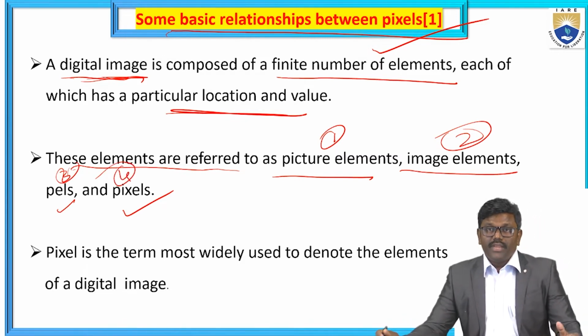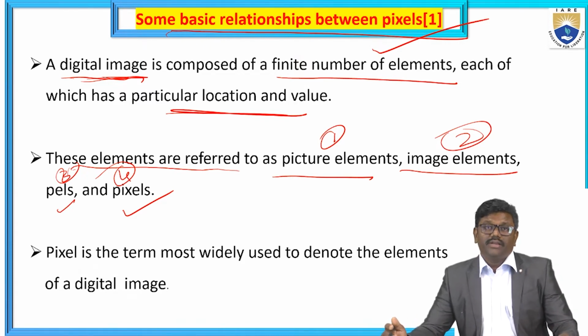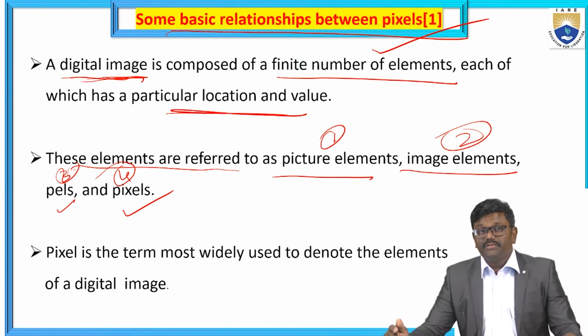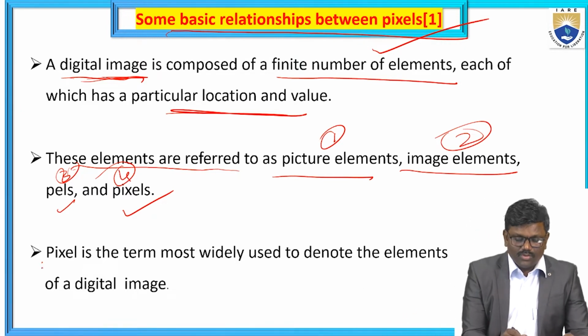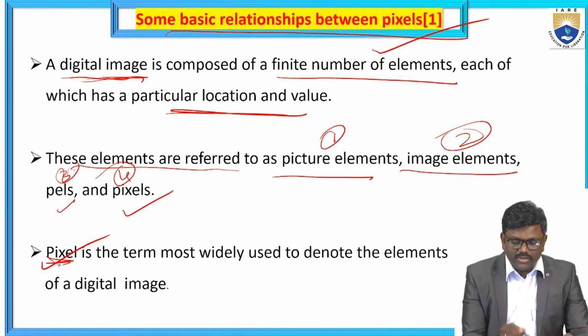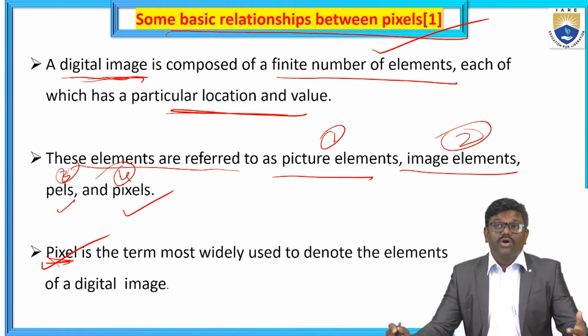Among these 4, the important one we want to consider as an image element is the pixel. So what is this pixel? How can we name it? Pixel is the term most widely used to denote the elements of a digital image.